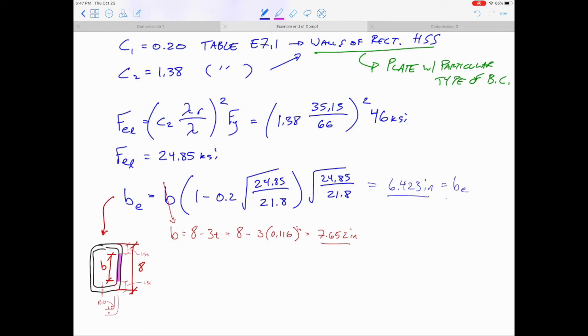Right, so my B effective, I'm going to add it in here. B effective is more like this. Right? More like that. So with this picture in mind, let's take it to the next step, because our goal is to find what A effective is, right?